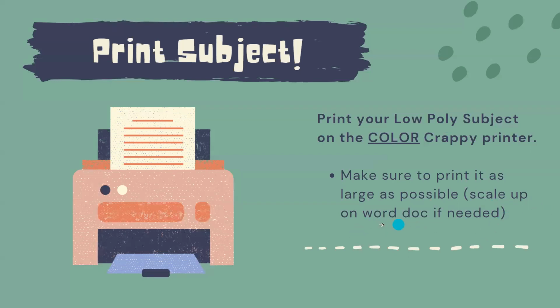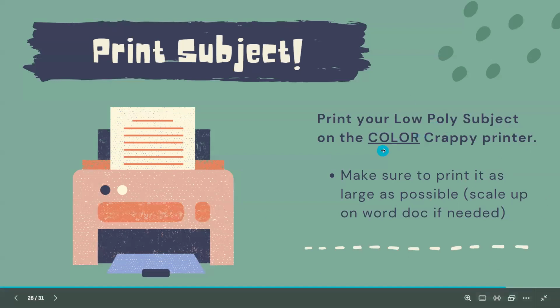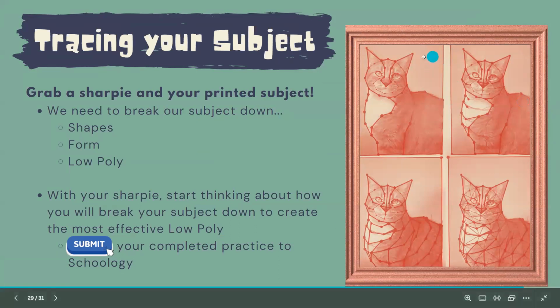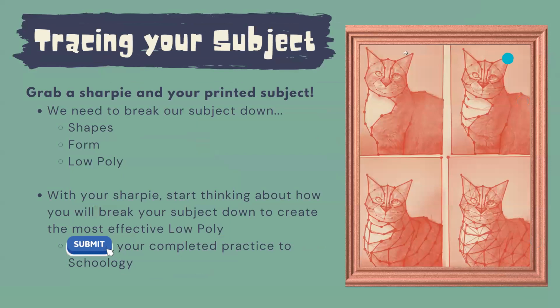You can put it on a Word document if needed. So go ahead and get that printed out to follow along with this demo that we're getting ready to do, and scale it up. My example image is a cat. In the video, it's going to be something a little bit different. Just make sure you print one image of your subject, one large image.